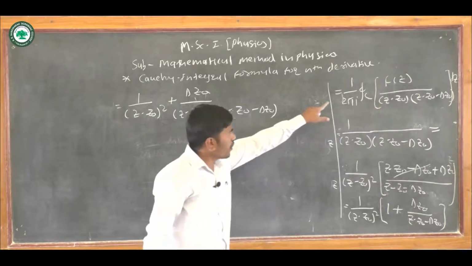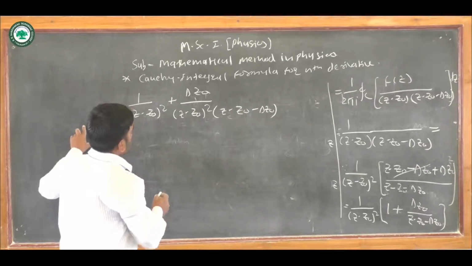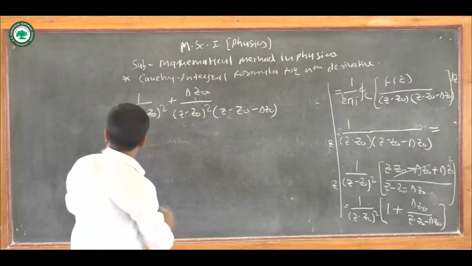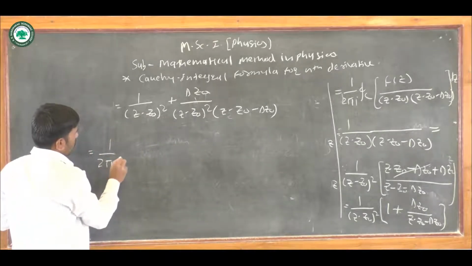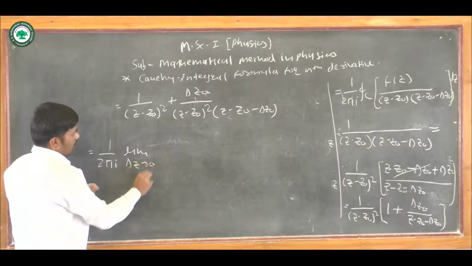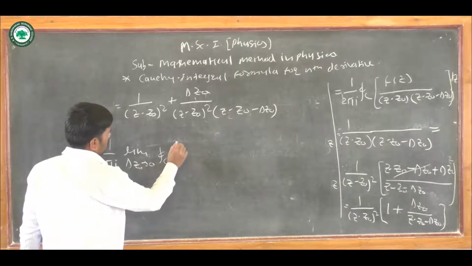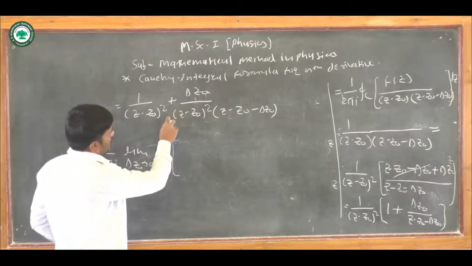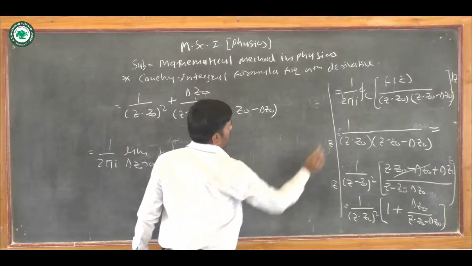Okay, if I now replace these things with the limit, there is a limit, so like this: 1 by 2 pi iota limit del z naught approaches 0, closed integral over C into, now I read these expressions from these equations.